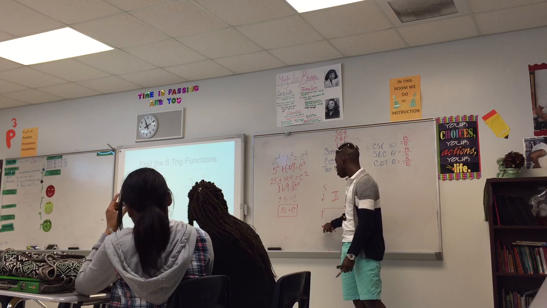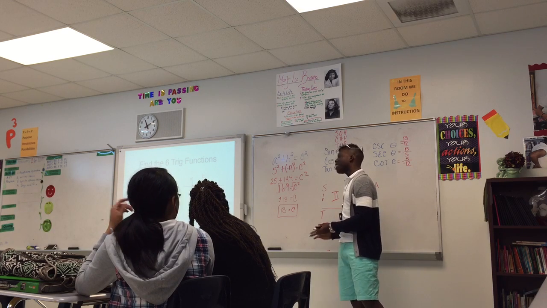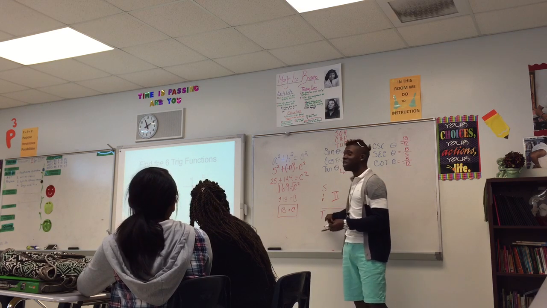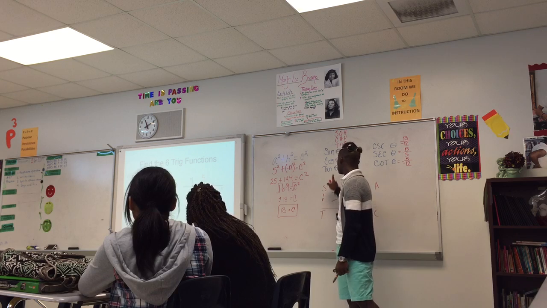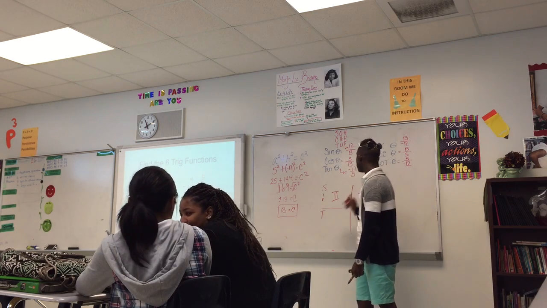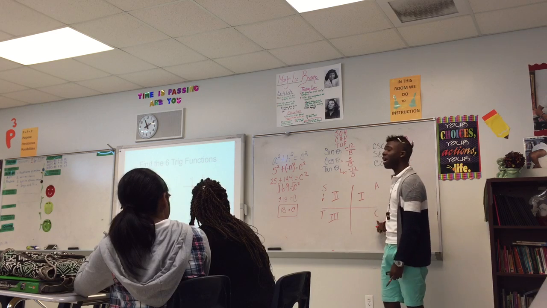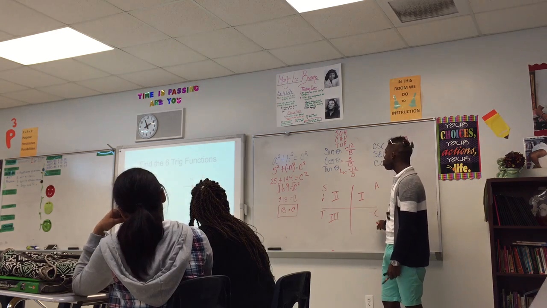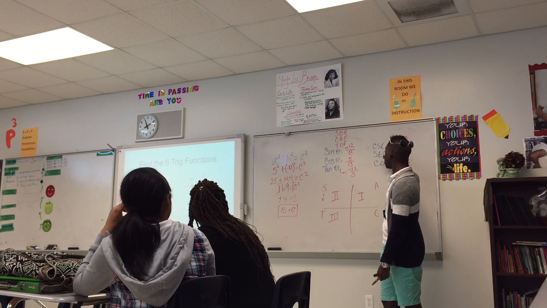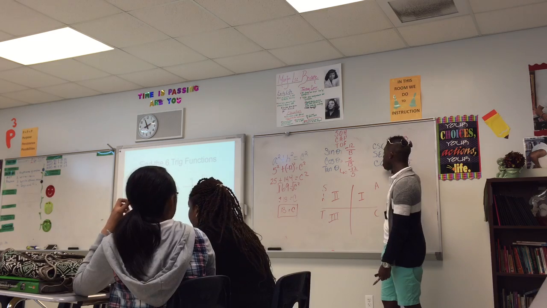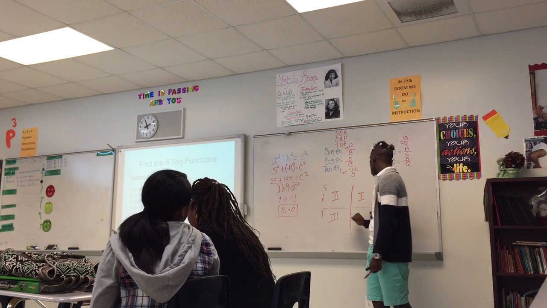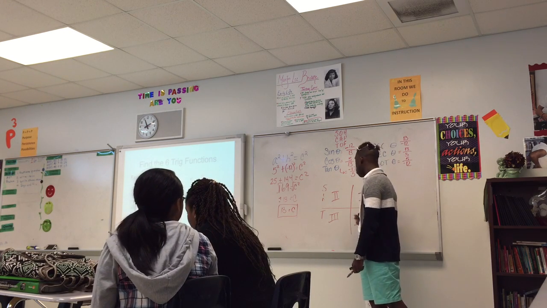What is T? Tangent, and cotangent, are positive in the third quadrant. And what is C? Cosine and secant of theta are positive in the fourth quadrant.